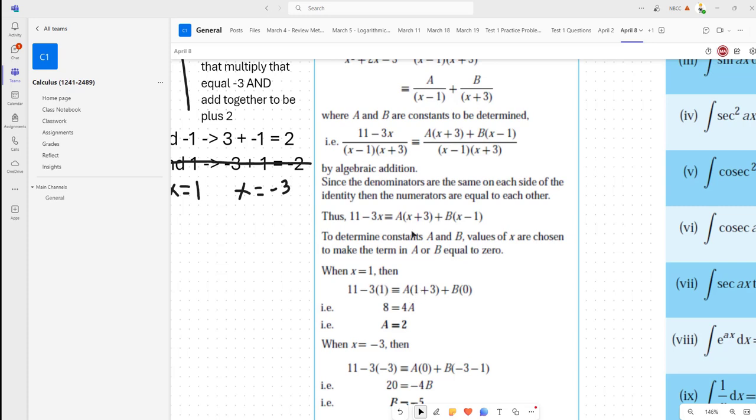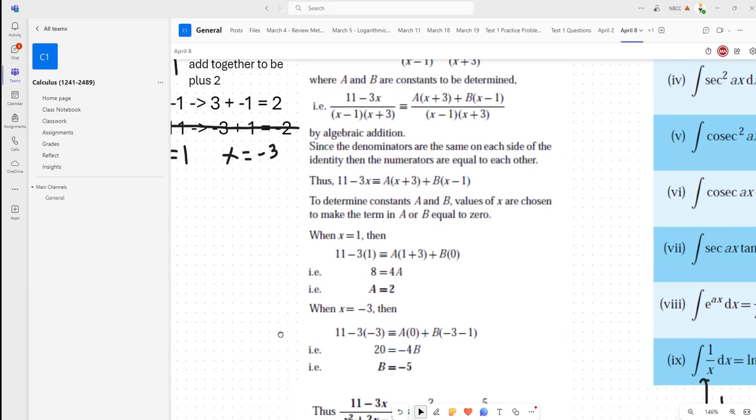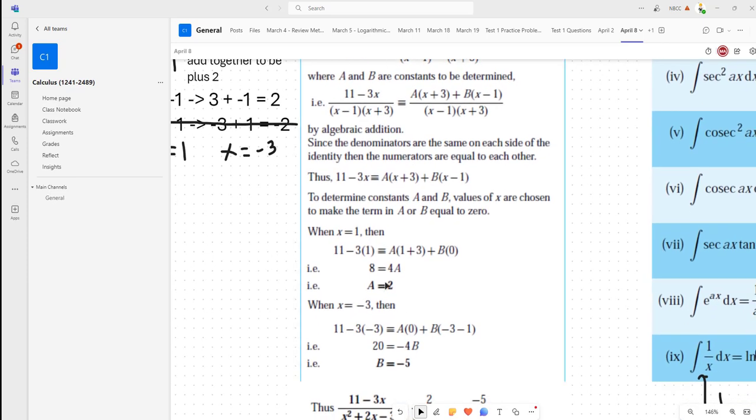Here we have A times x plus 3, so we put 1 in there. For the other term, we have plus B, where if we put 1 in for x, we get rid of B, and then we can solve for A. So in this case, A is equal to 2. With A equal to 2, we could put A back into the equation and solve for B. Sometimes it's better to put the other x value in and solve for B, because if you get A wrong, you will get B wrong.